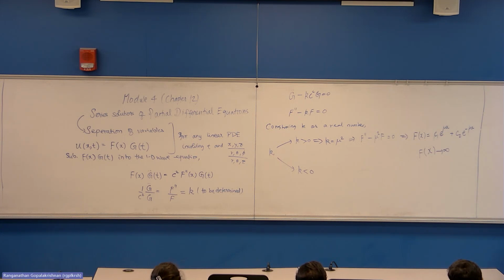That is, most physical solutions will not have exponential dependence in space simply because that would mean at some point the amplitude of your function is going to become infinite. So this is typically some type of solution which is incompatible with physical boundary conditions.